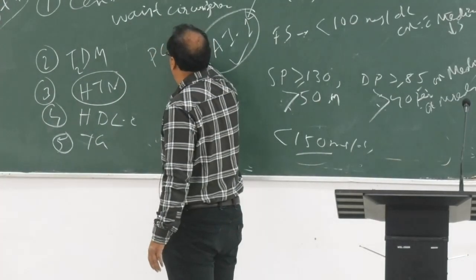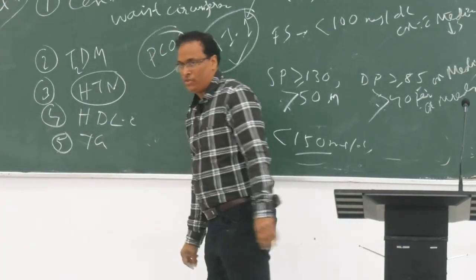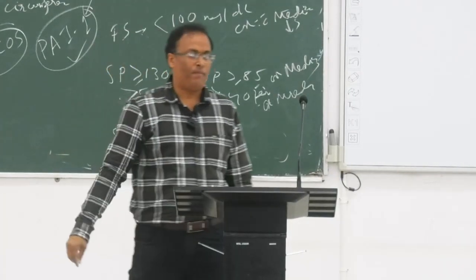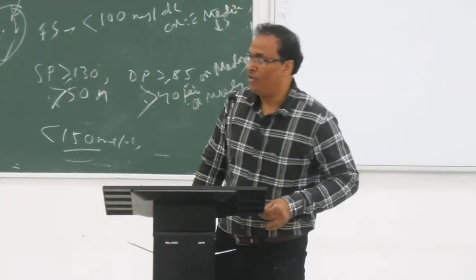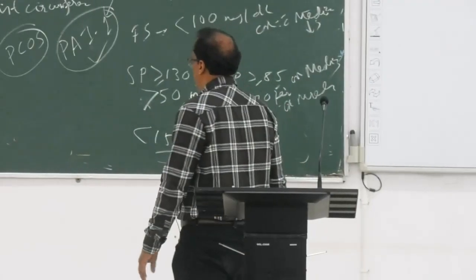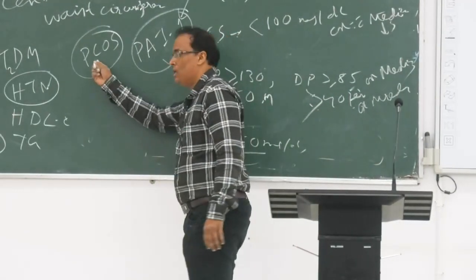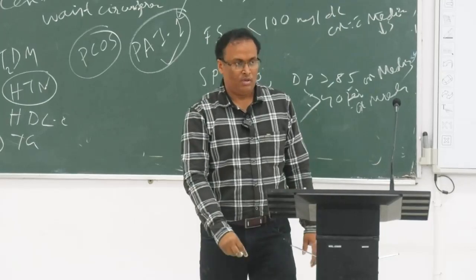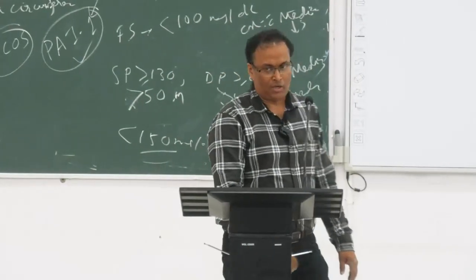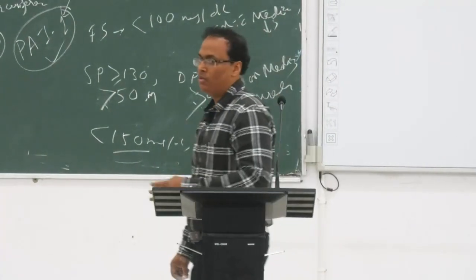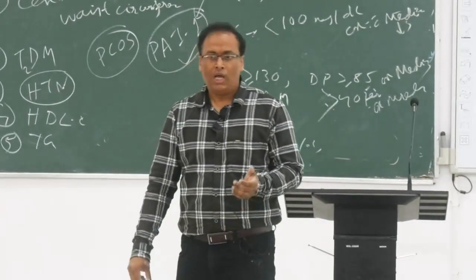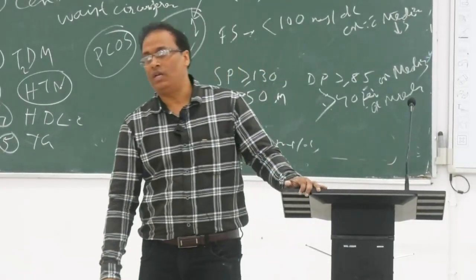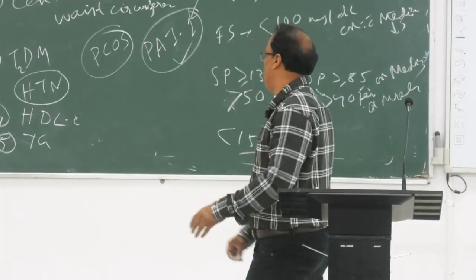Polycystic ovarian syndrome, PCOS. What does it mean? In female patients, cysts are happening due to insulin resistance. I am not going into detail, because you have to learn about estradiol, estrogen, everything is coming, and you would feel bored.